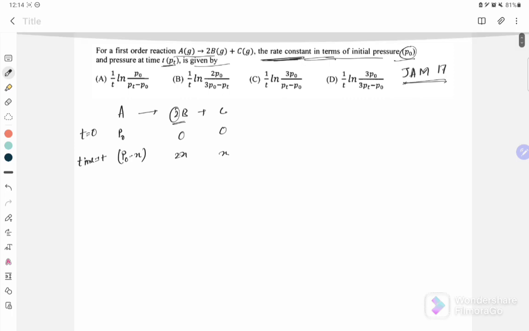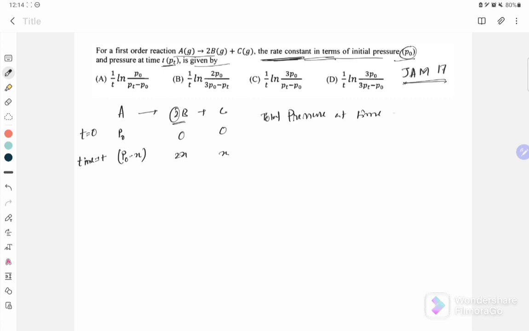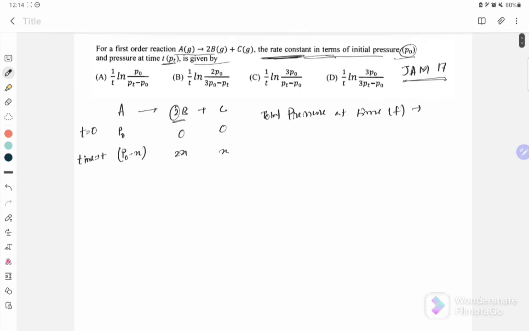So our total pressure at time t is Pt equal to P0 minus x plus 2x plus x. We sum all this: x and x cancel out, giving P0 plus 2x. From this equation we find x: x is equal to Pt minus P0 by 2.